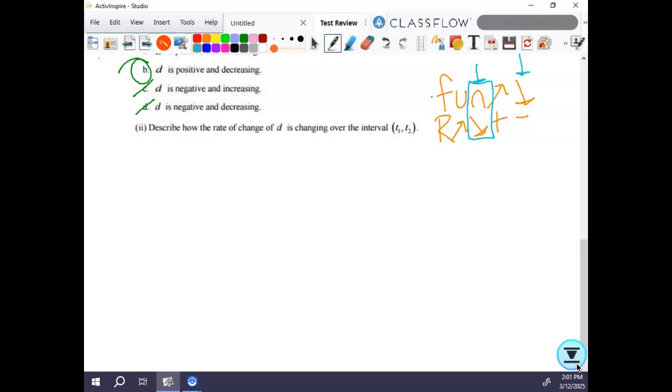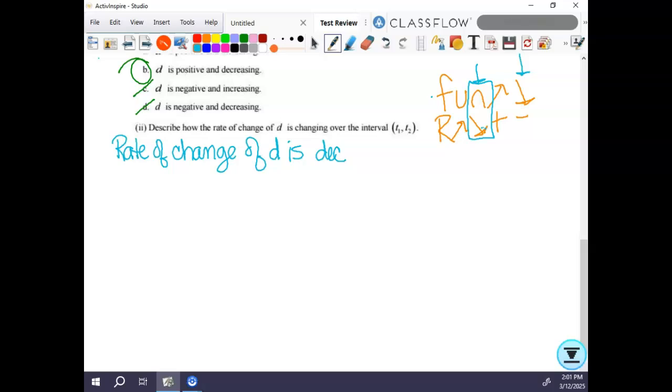So then we can say that the rate of change of D is, and the rate of change we know from here is decreasing. Is the rate of change of D always decreasing?